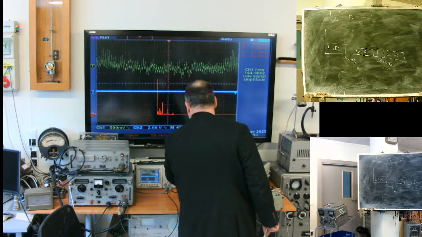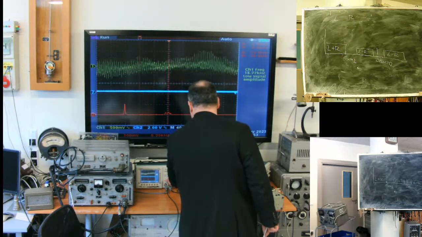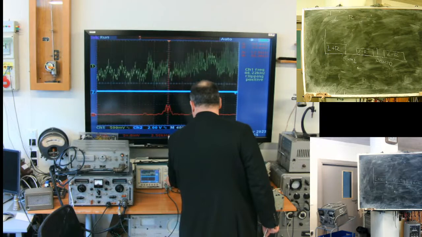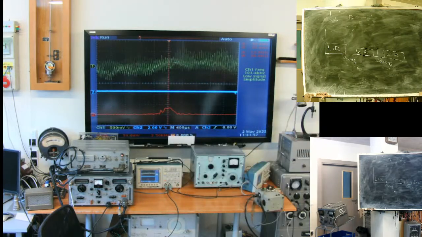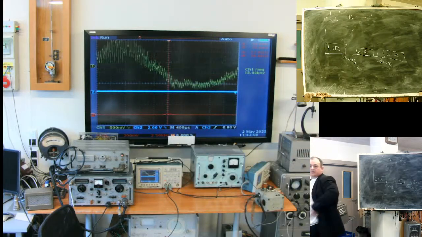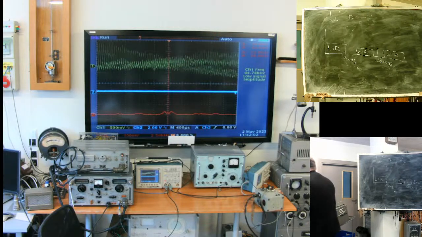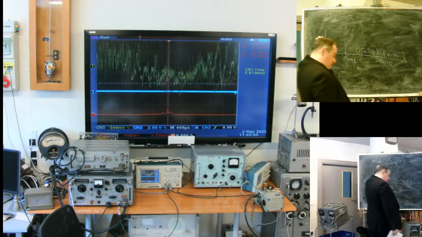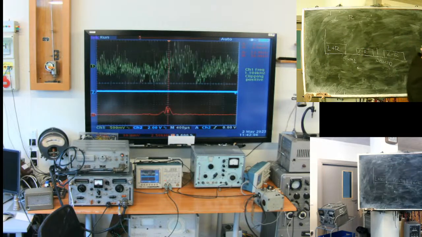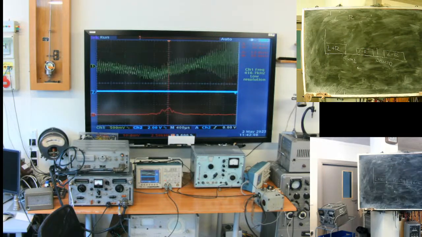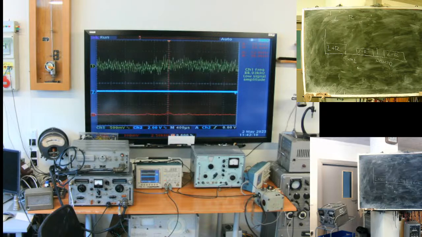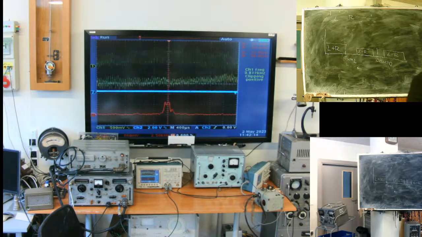Come to center. Do you see anything at the red line? No, we see a gap. The idea is to save energy, so the carrier of the signal is not transferred. It's a balanced modulation.